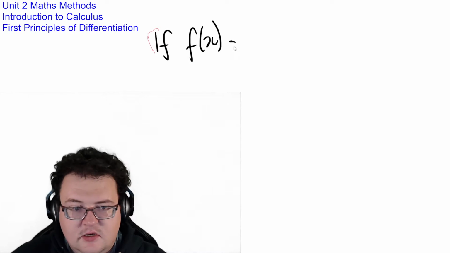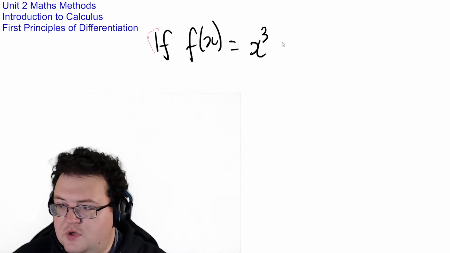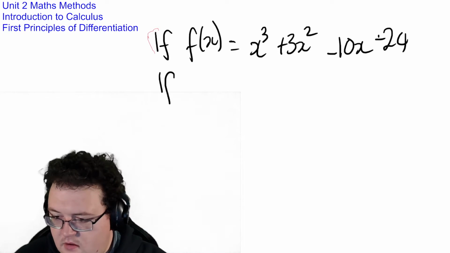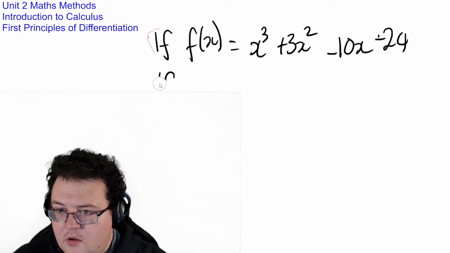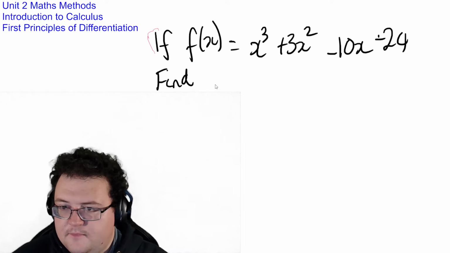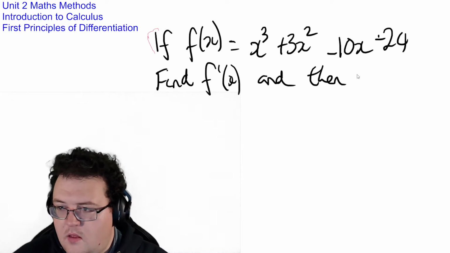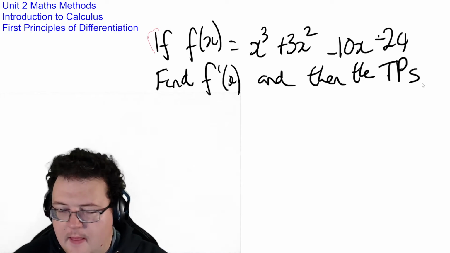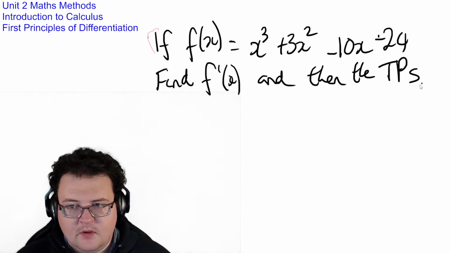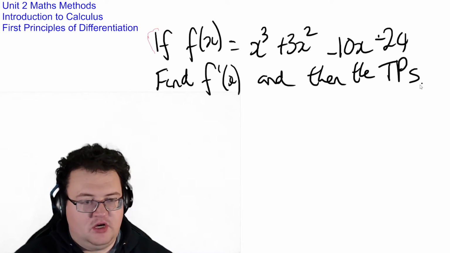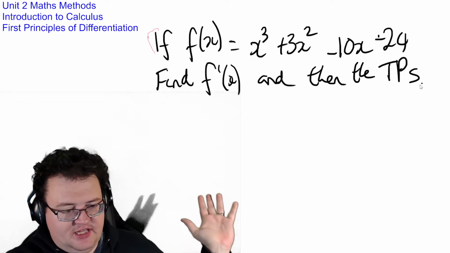If f of x is equal to x cubed plus 3x squared minus 10x minus 24, find f dash x and then the turning points. And this is why we can't just use that formula for everything, because we have more complicated questions like this.